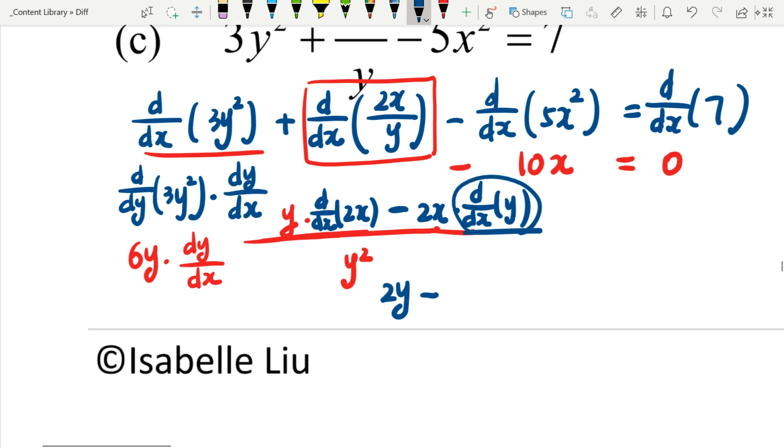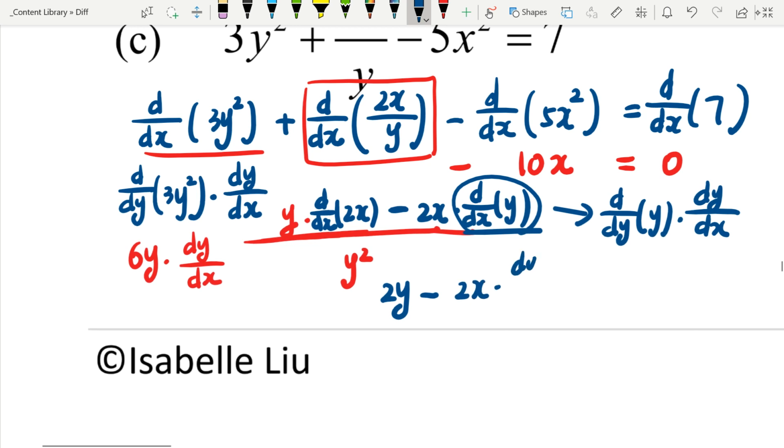So this will be converted into d dy of y times dy dx. So which is 2x times dy dx, and then over y squared. Okay, that's the second term.